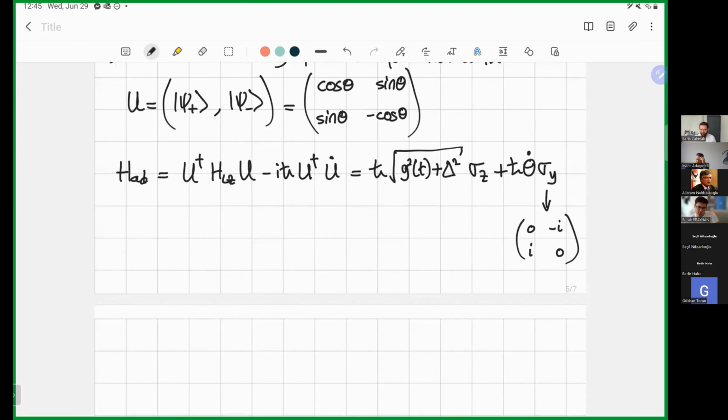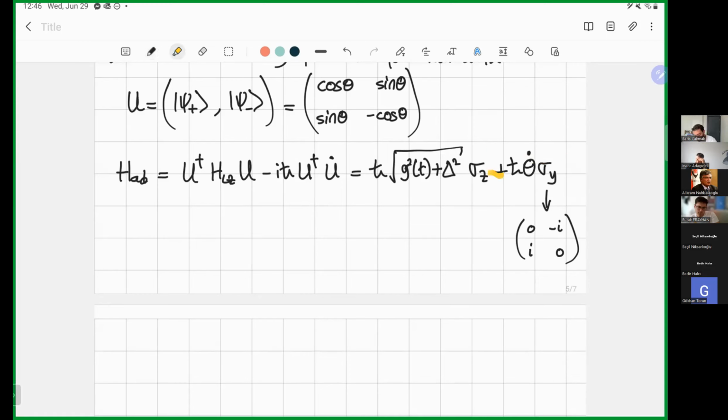We want to remain in the adiabatic limit. When we are not in the adiabatic limit, we have diabatic excitations. If theta dot is large, we are going to have this problem. If the time derivative of theta is small, we are basically fine.